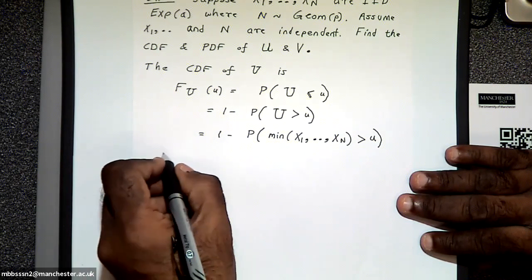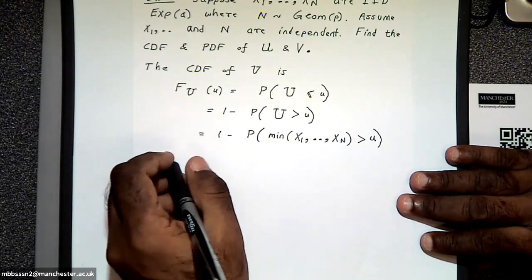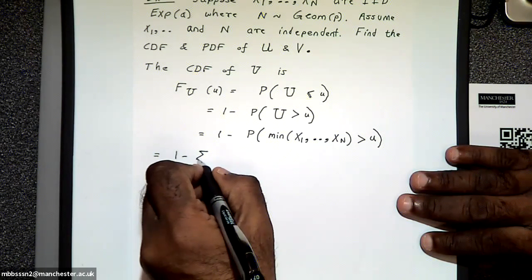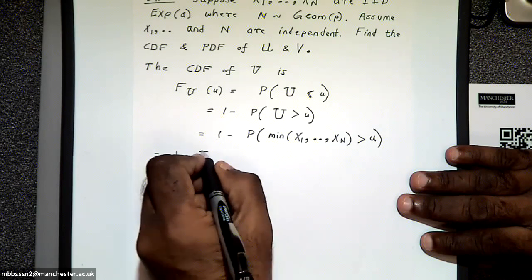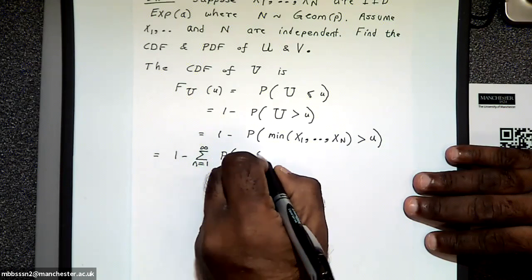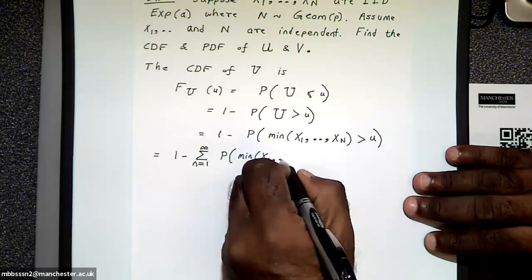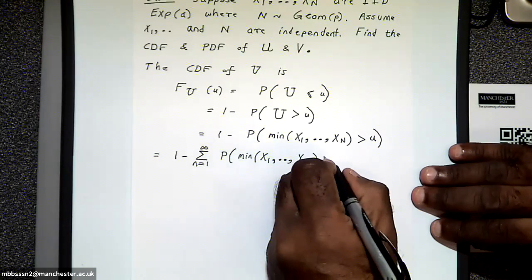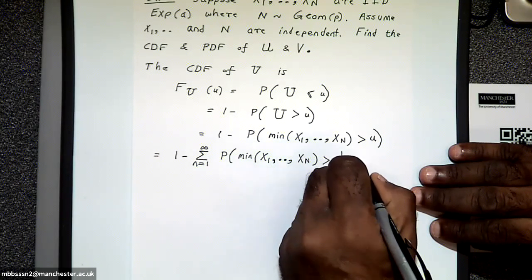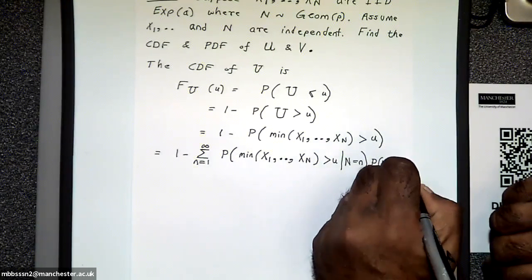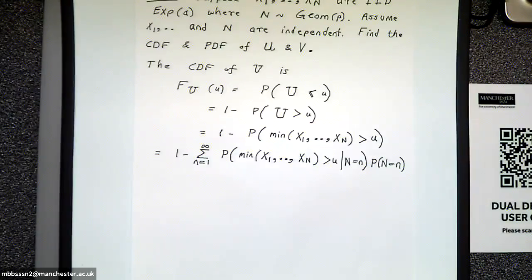You see what I have done. This is known as the total probability rule.